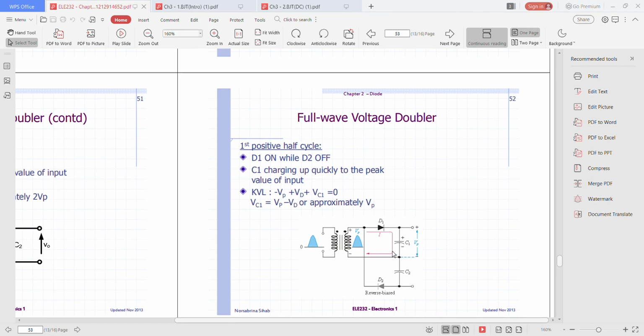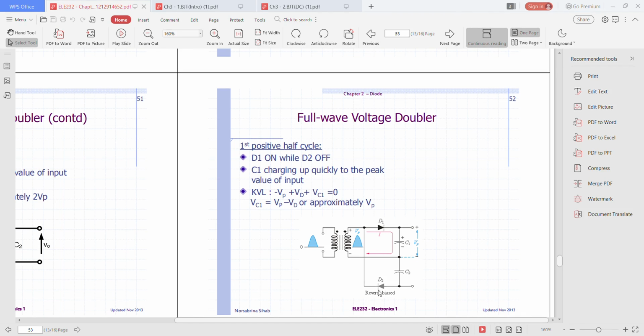So by looking at the red arrow, the current will start here and move towards D1. So D1 will be forward bias, but the current will not flow through D2 because D2 will be reverse bias.